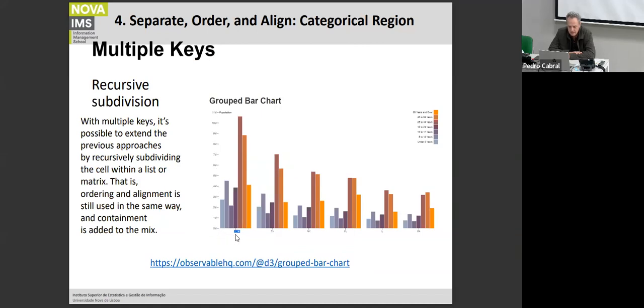For instance, like the case we have here, we have multiple variables, quantitative variables grouped by state in this case. Okay, so we can represent this kind of recursive subdivision in which we have multiple keys.